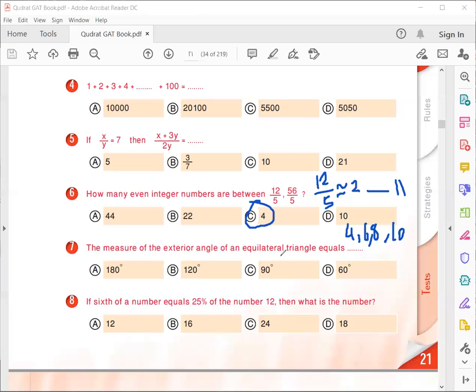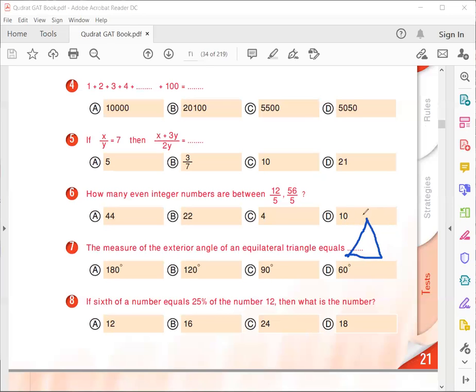So the answer is C. Now number 7, the measure of the exterior angle of an equilateral triangle equals. What is the measure of the exterior angle? Yes, number 7, what is the answer? The exterior angle, it is what? Yes, 120, right?